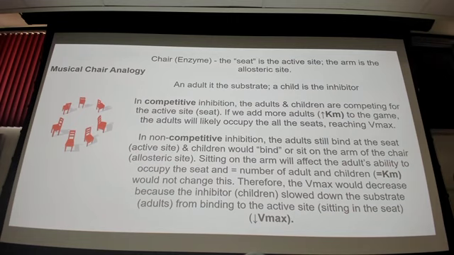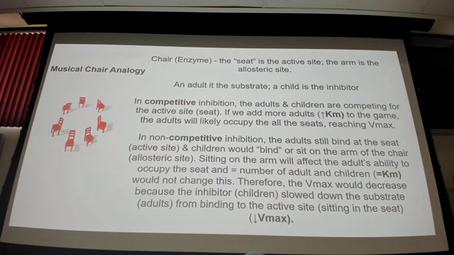Thank you. Non-competitive inhibition, the seat is still the active site. The arm, even though there's no arms on these chairs, is the allosteric site. So the kids will sit on the arm, and that will probably make the adults not want to sit on the seat.